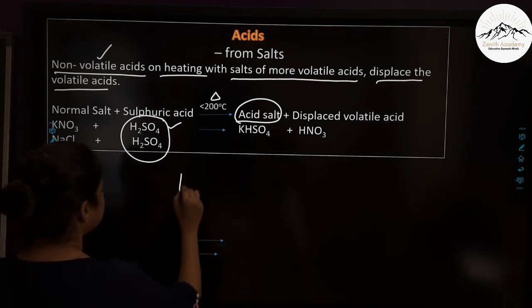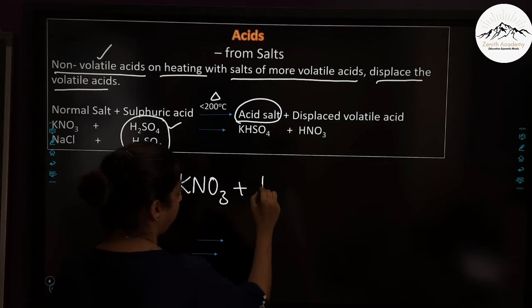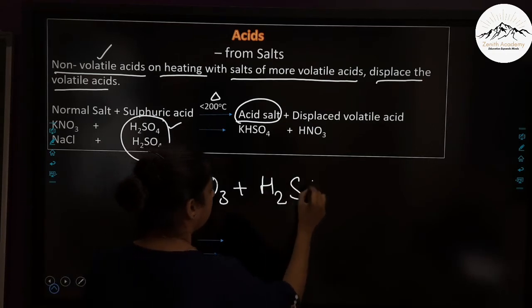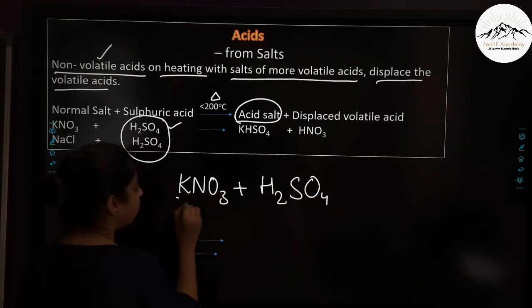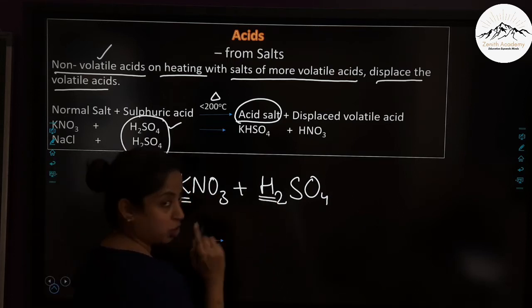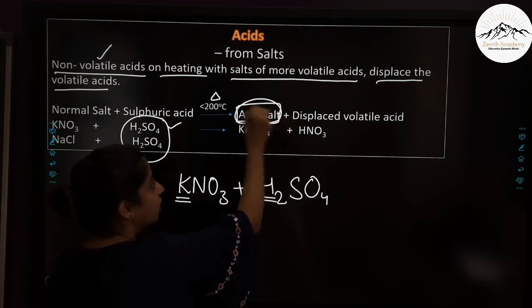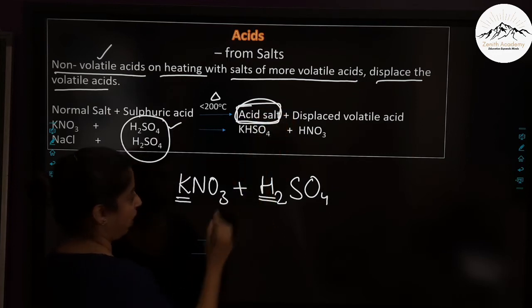So here if you see KNO3 reacting with H2SO4. This potassium displaces one of the hydrogen only, not both, because how acid salts are formed we have studied earlier, by partial replacement of hydrogen.